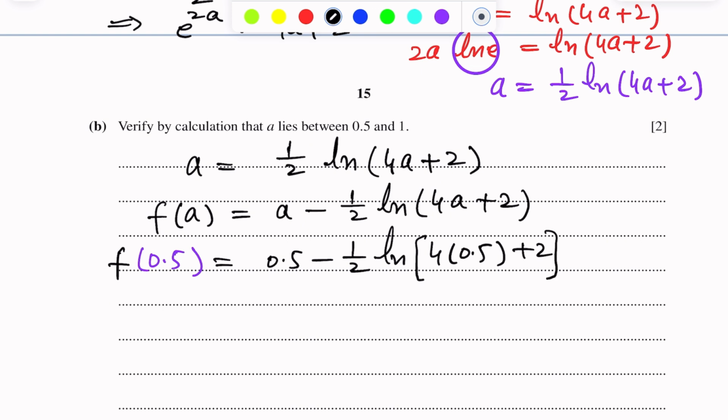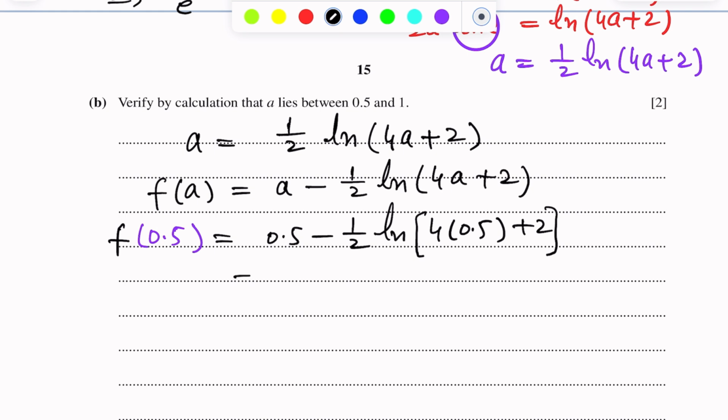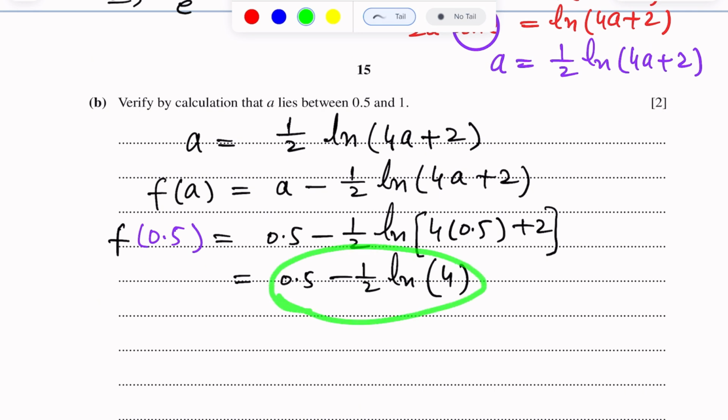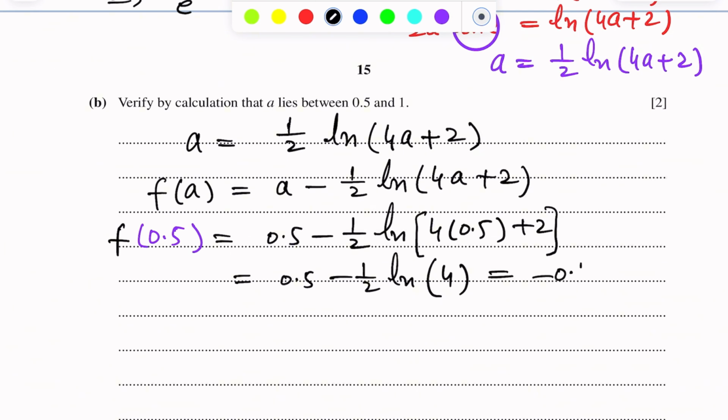After simplifying this and using a calculator, after calculating, we get the value, which is equal to negative 0.193. Clearly this is negative. This is less than 0.